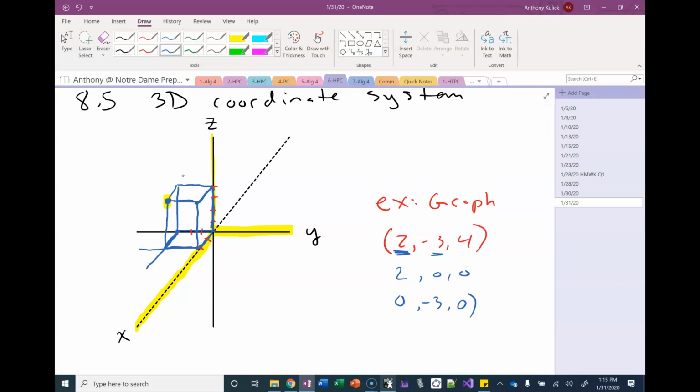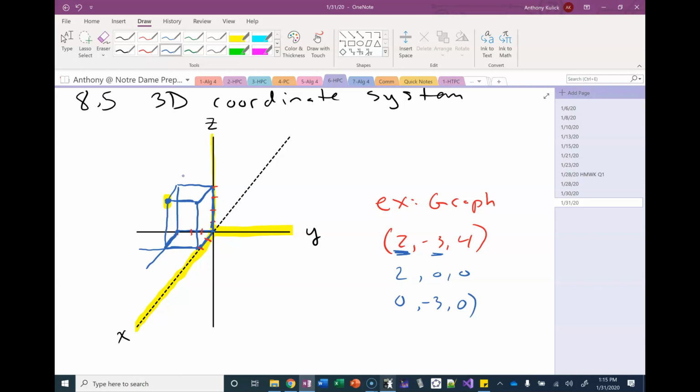Okay. So it's important that you remember that what we're drawing is in 3-dimensional space. So we have to use a little bit of perspective. Those of you that have had art class, quick show of hands, that have done 3D perspective drawing in art. This is the same kind of idea that we're doing here.